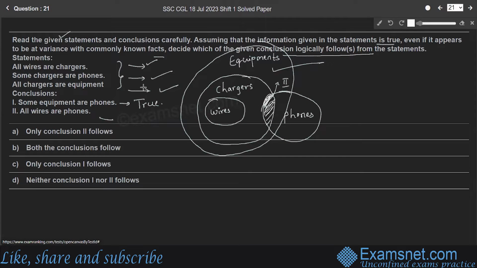Otherwise, according to the statements, there is no relation between wires and phones. Therefore, the second conclusion is a false conclusion, right? Look at the options. Option C, only conclusion 1 follows. Some equipment are phones. Option C.